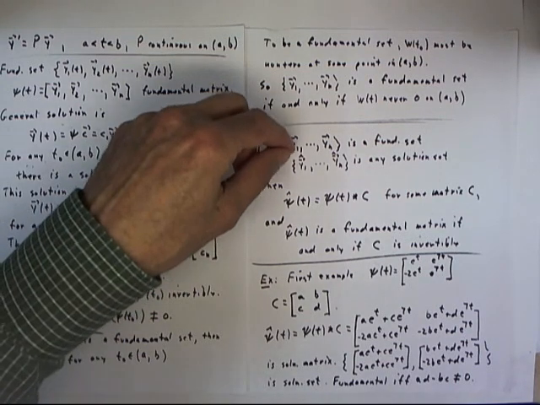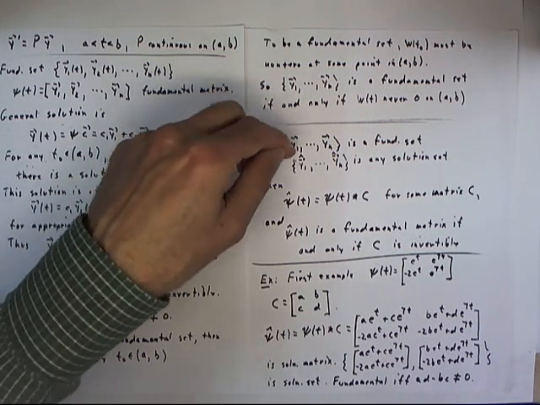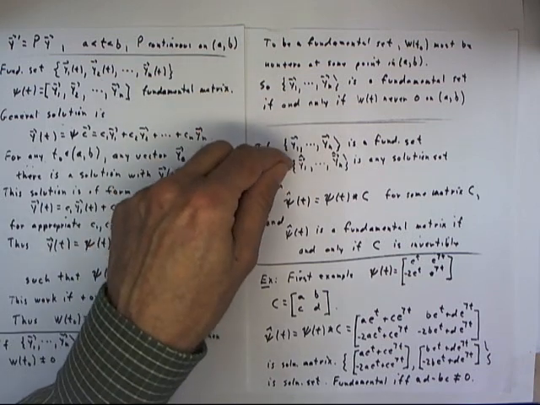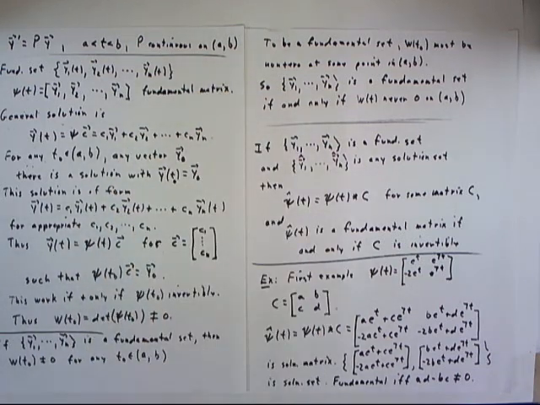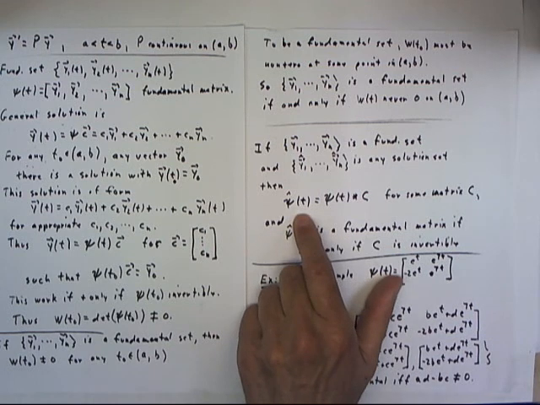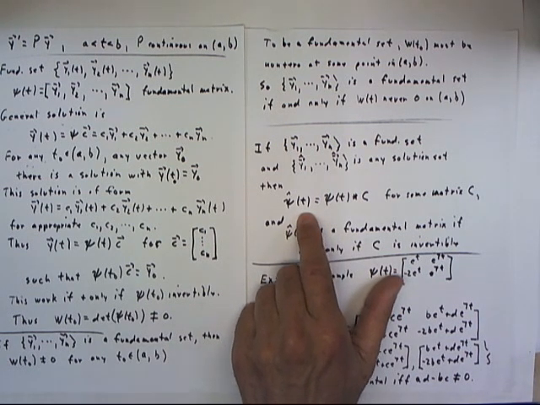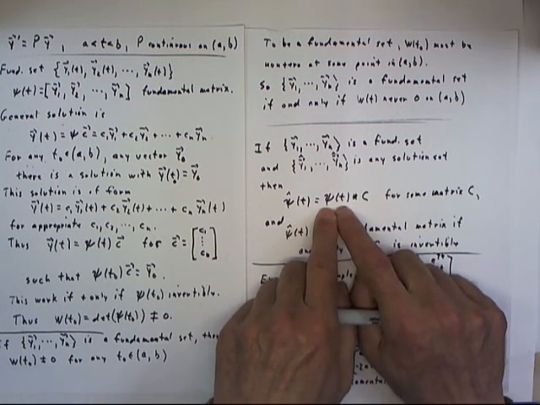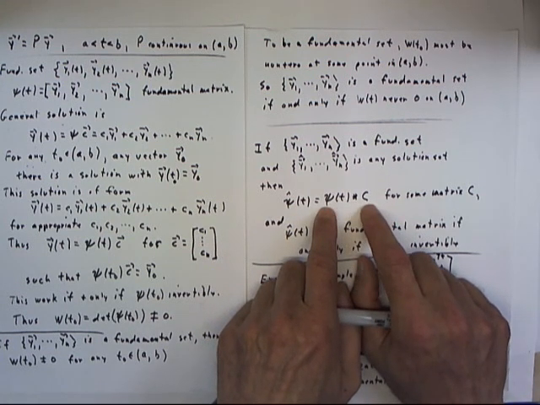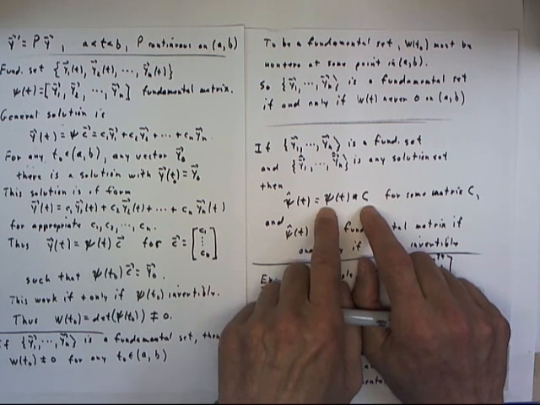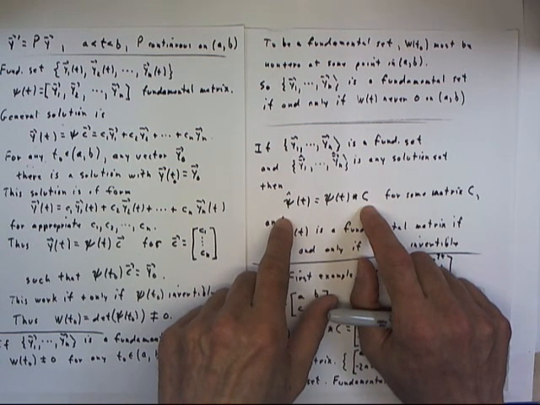In any case then, given a fundamental set of y's and a solution set of y hats, if we form the psi and psi hat matrices, they are connected in the sense that if we take our fundamental matrix and multiply it by some matrix C, we get the psi hat.